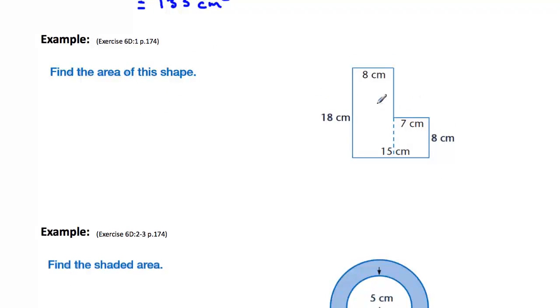This is an L shape, and what we're going to do is to divide the figure, and I'd like you to write this down because these are your study notes. Divide the figure into two rectangles.